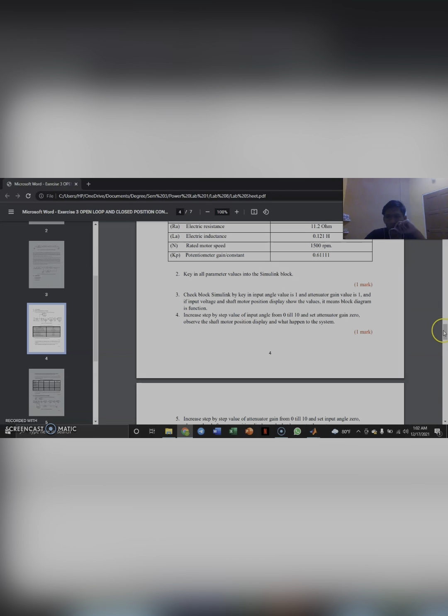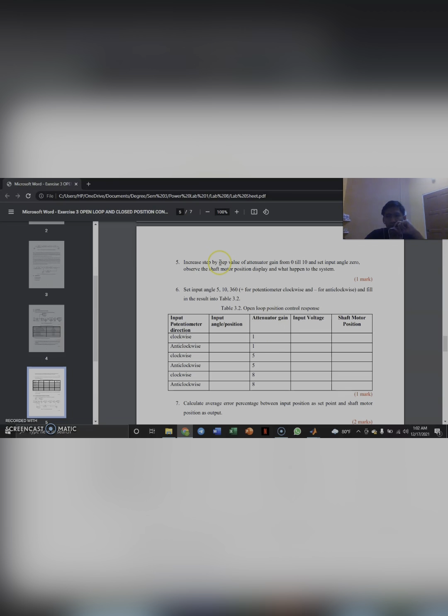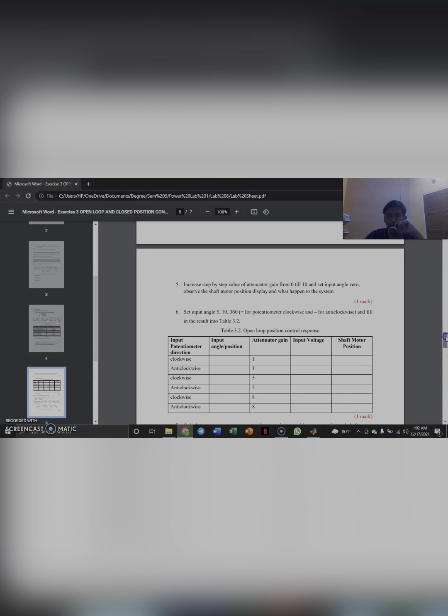That's for number 4. And then the next instruction is we need to increase step by step the value of attenuator gain from 0 until 10 and set input angle 0. Then we observe the shaft motor position display and what happened to the system.